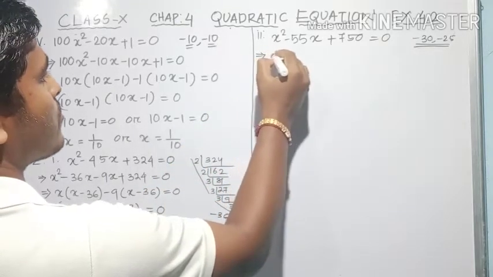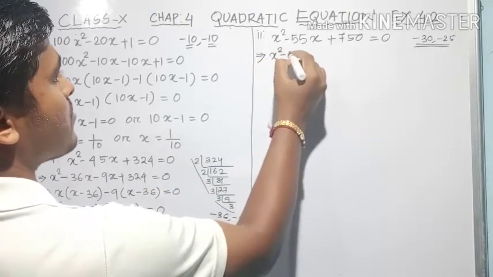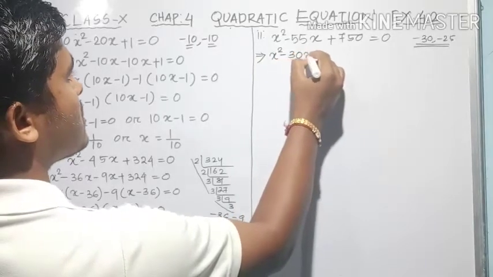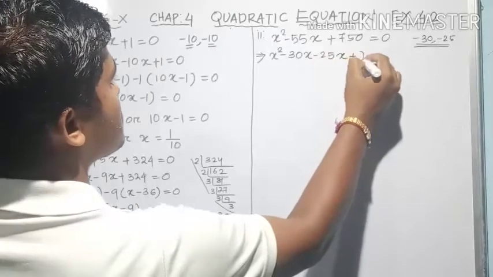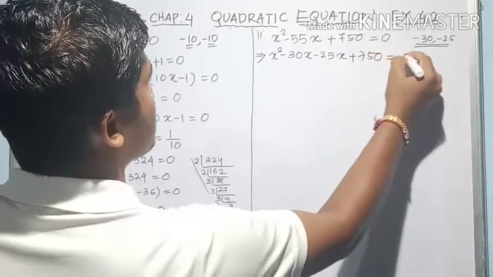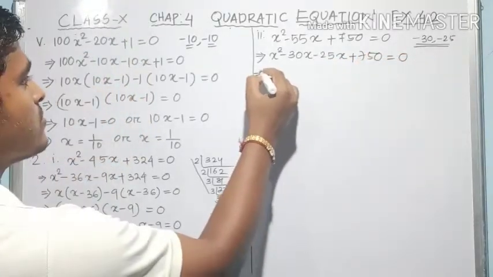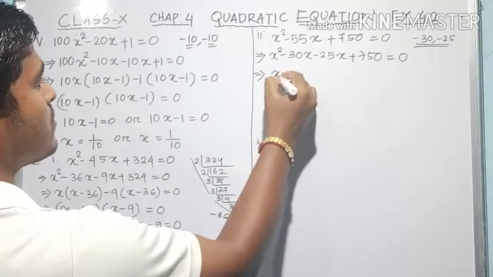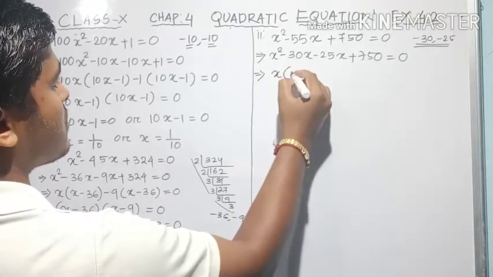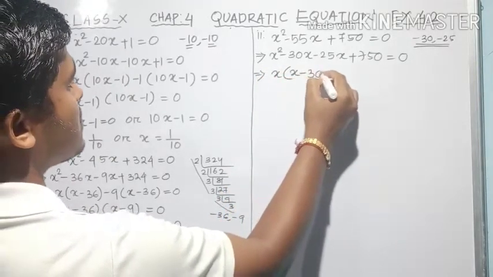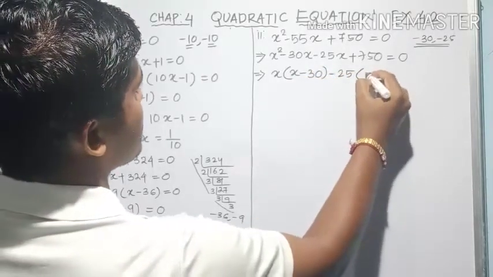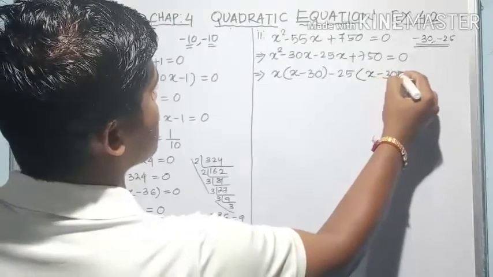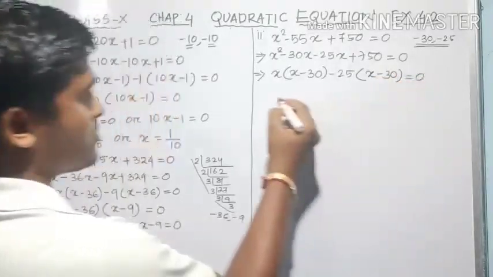So x square minus 30x minus 25x plus 750 is equal to 0. On taking x common, x minus 30, on taking minus 25 common, here will be x minus 30 is equal to 0.